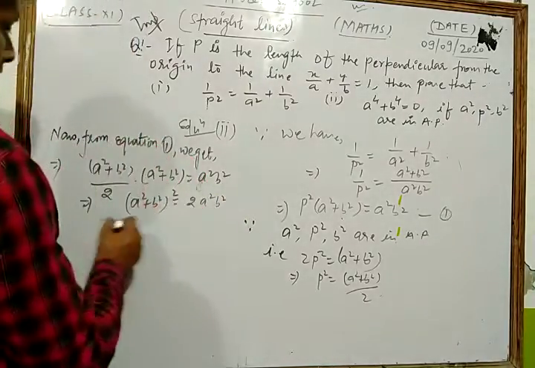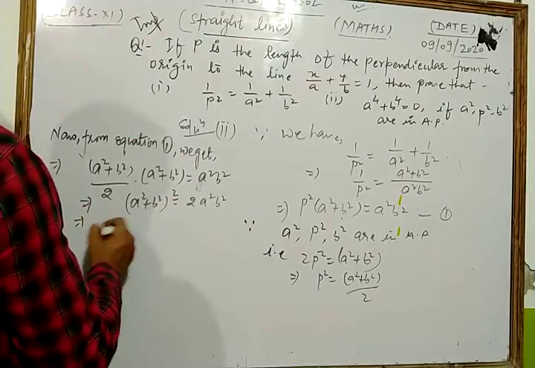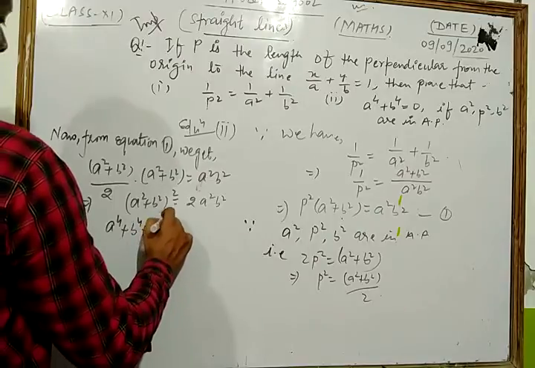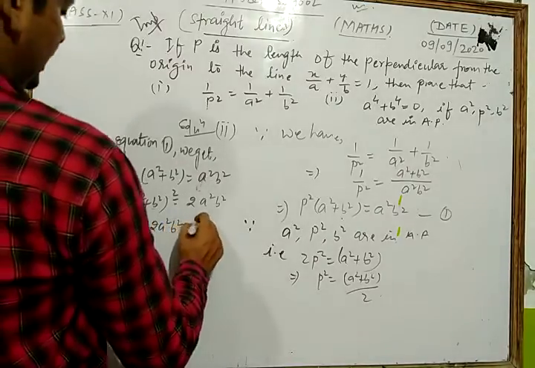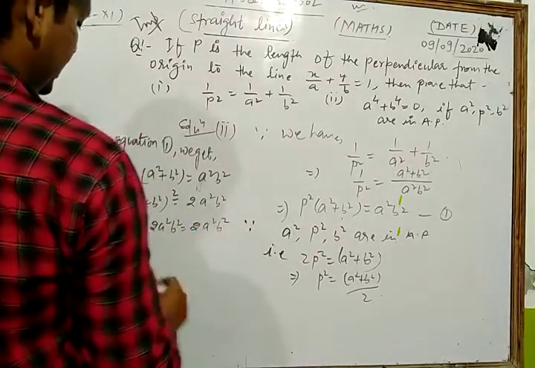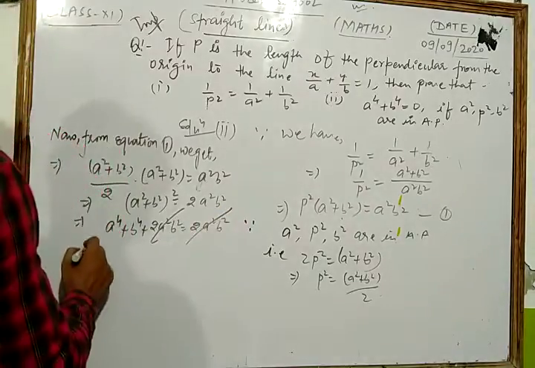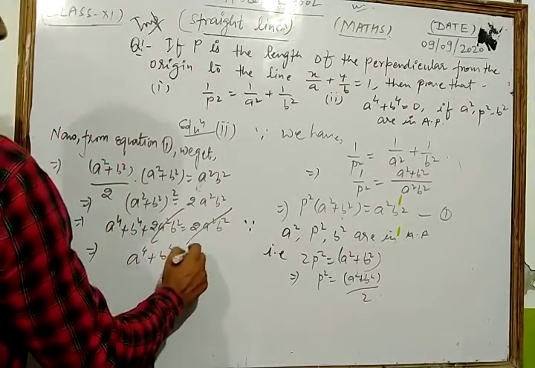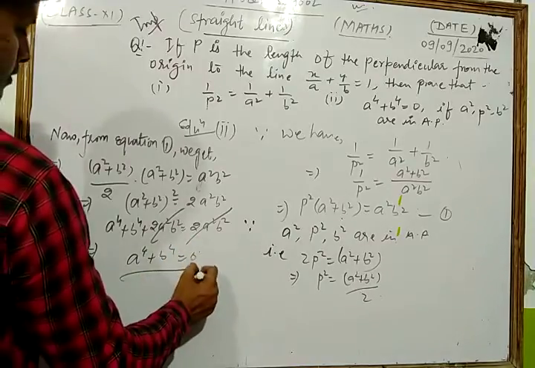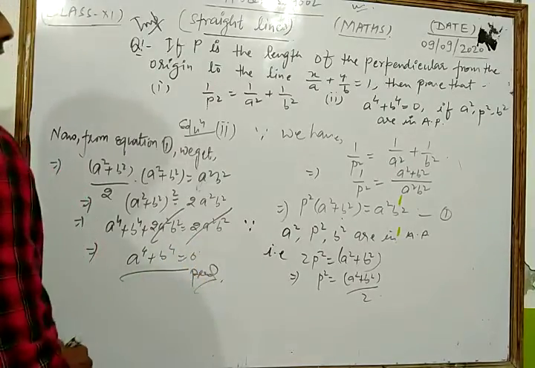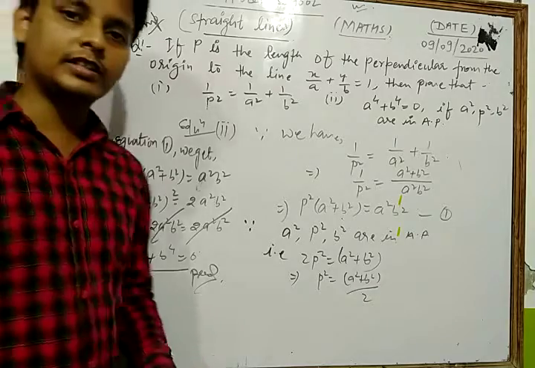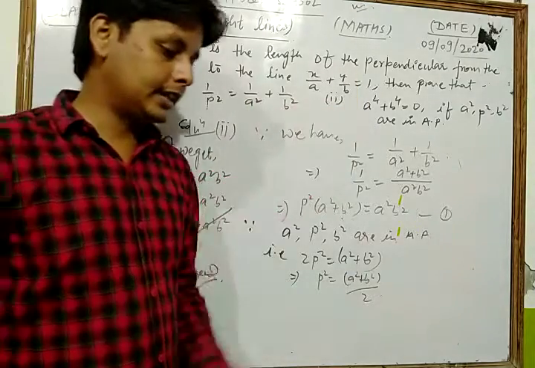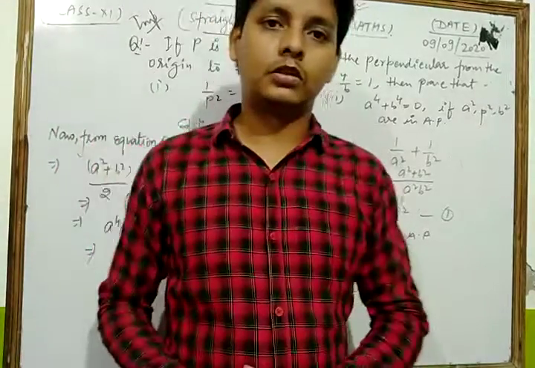Now we expand using the identity, a plus b whole square, we get a to the power 4 plus b to the power 4 plus 2 a square b square, and we write 2 a square b square as it is. These cancel each other, so we get a to the power 4 plus b to the power 4 is equal to 0. Hence proved, the second part.